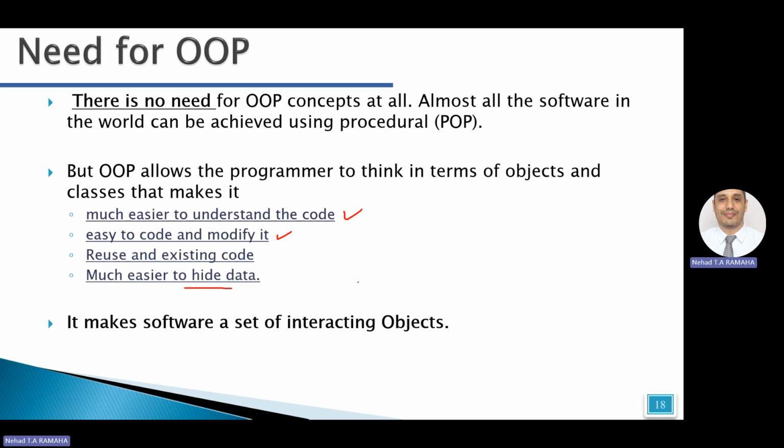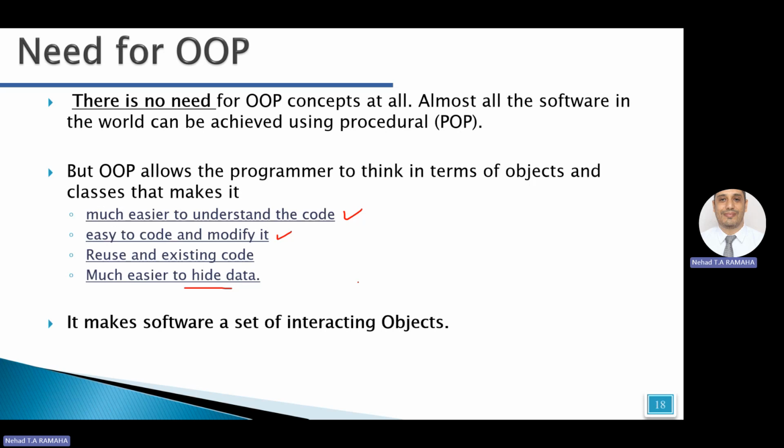But it's focused on the functions and it's not protecting the data. But OOP, object-oriented, is focusing on data, and you can hide the data, we name it encapsulation, make the data private, so no one from outside the class can reach this data.